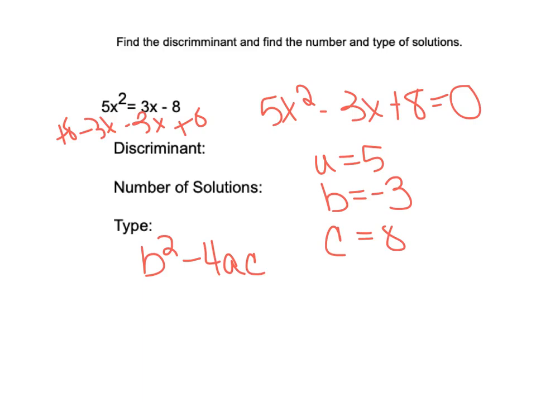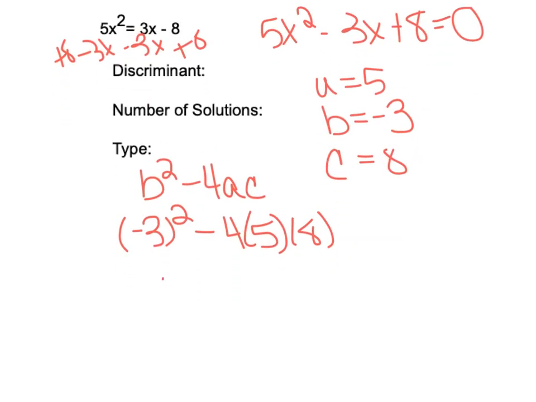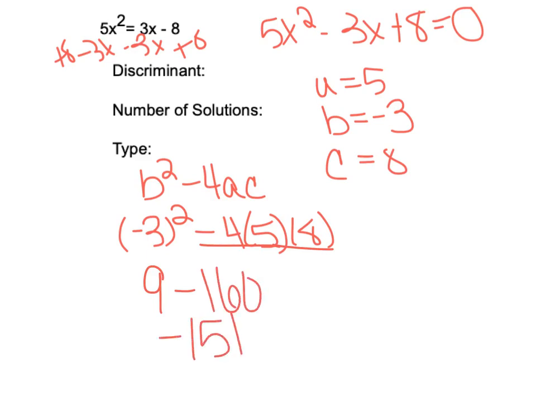In this case, b is negative 3, so I'd have negative 3 squared minus 4 times 5 times 8. Negative 3 squared is 9. And then here I have negative 4 times 5 is negative 20. Negative 20 times 8 is negative 160, so I'd have 9 minus 160, which is negative 151.